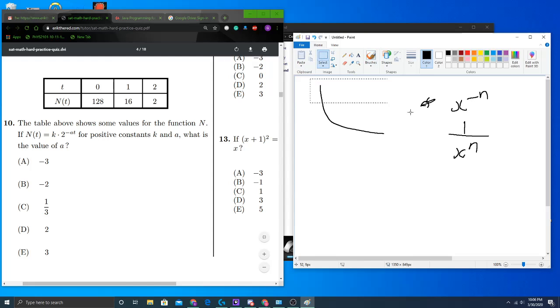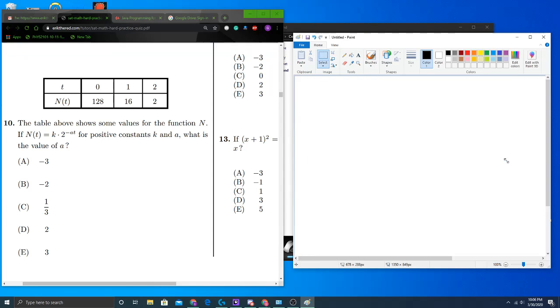So that's interesting. What can I start with? So k times 2. We know that k is basically irrelevant. k is just going to be the initial y value. In this case, it's 128. So actually, for fun, let's have that there.